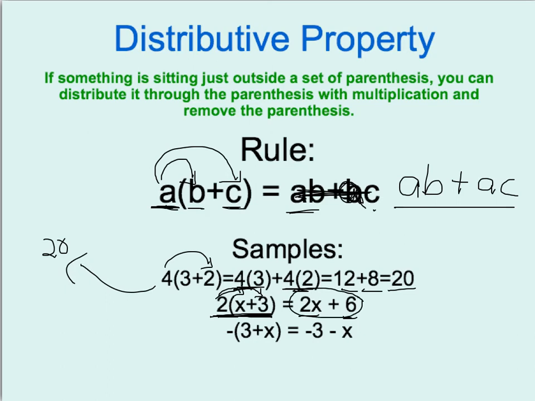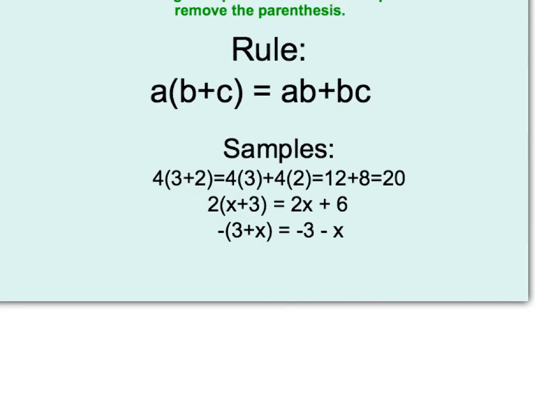Here's another one, and this one you'll see quite a bit. You have a negative on the outside, and then you have 3 plus x on the inside. So this is called distributing a negative. All you have to do is add a 1. Instead of making that just a negative, to make it look a little bit better, you would have a negative 1 multiplied by (3 plus x).